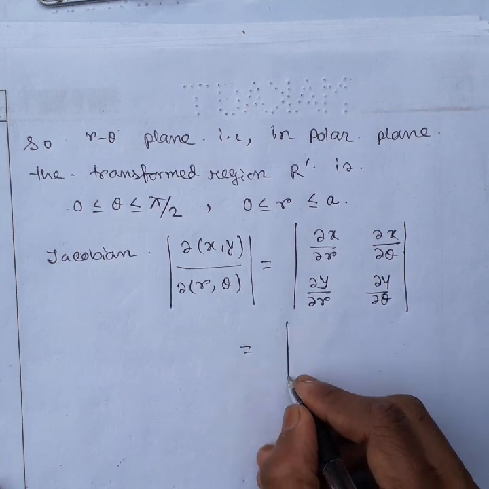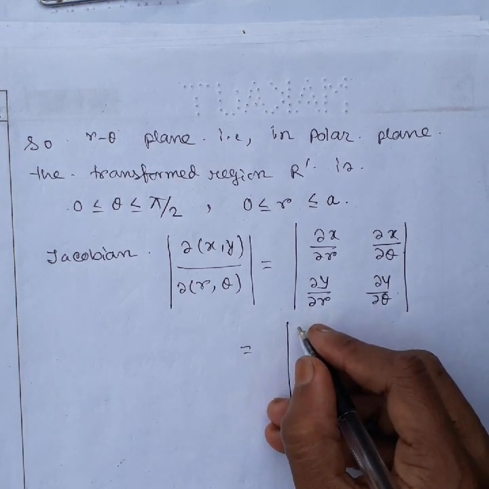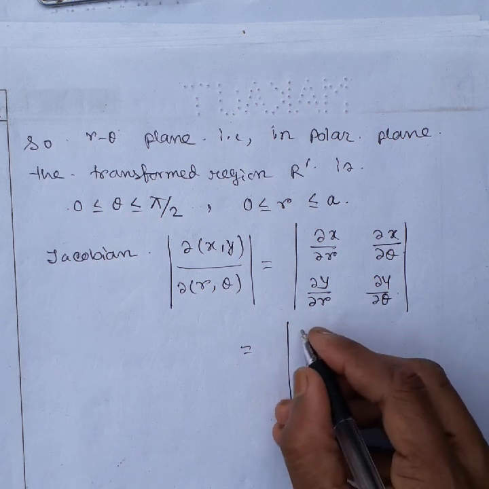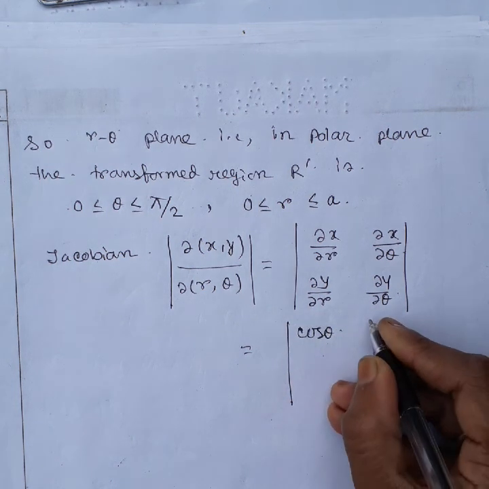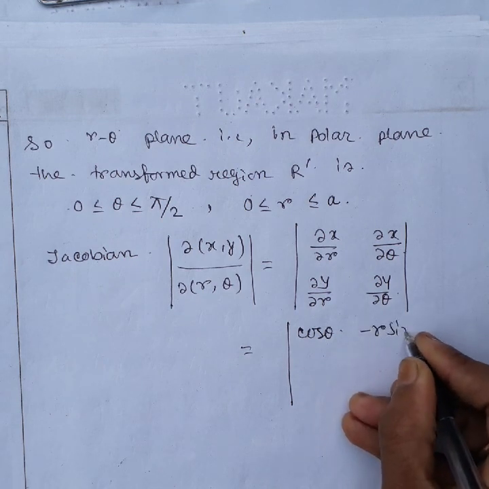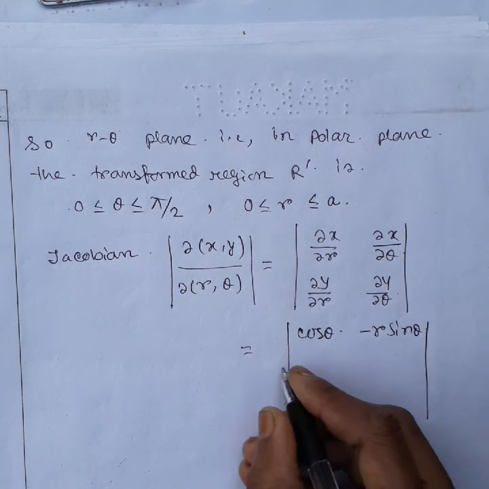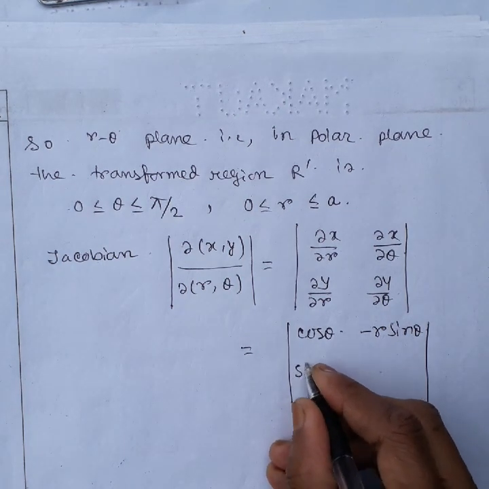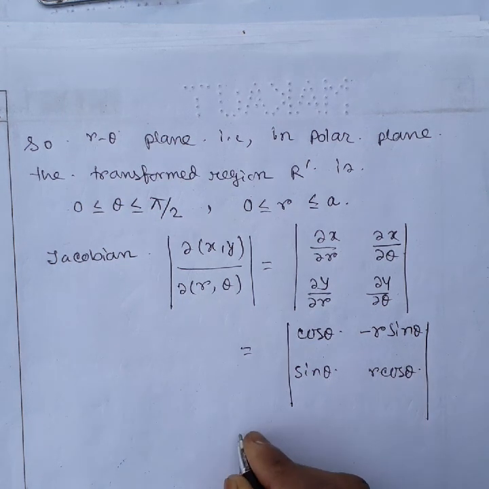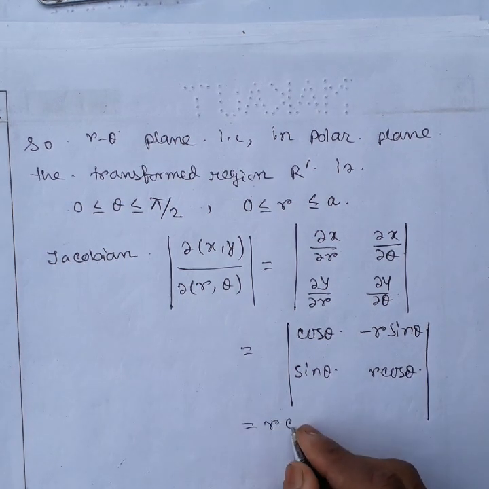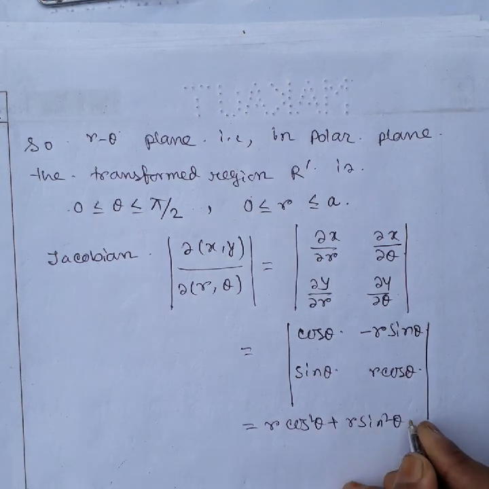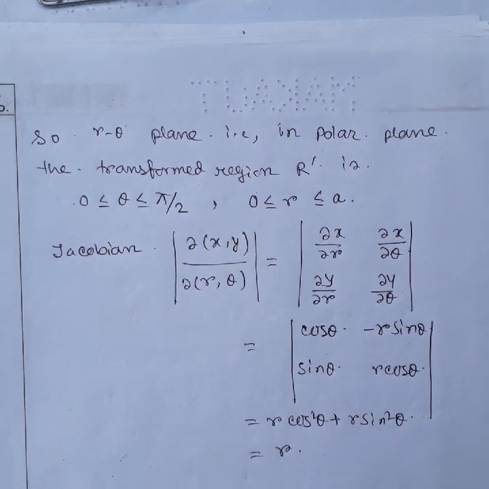So x equal to r cos theta, that means del x del r is equal to cos theta and del x del theta is equal to minus r sin theta. Del y del r is sin theta and del y del theta is r cos theta. So from here we get r cos square theta plus r sin square theta, that is equal to r.